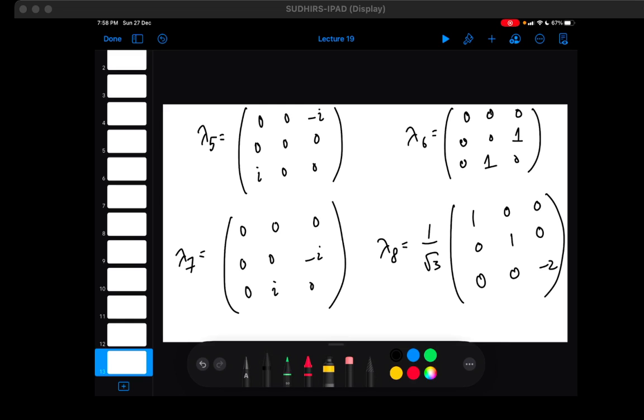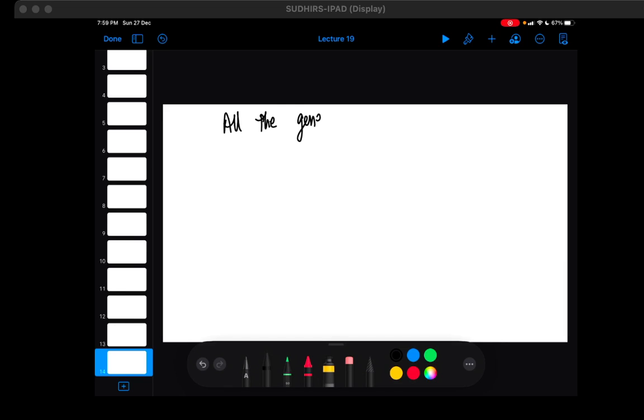All the generators are so because they represent an exponential of a Hermitian matrix, U equal to e to the power i h.